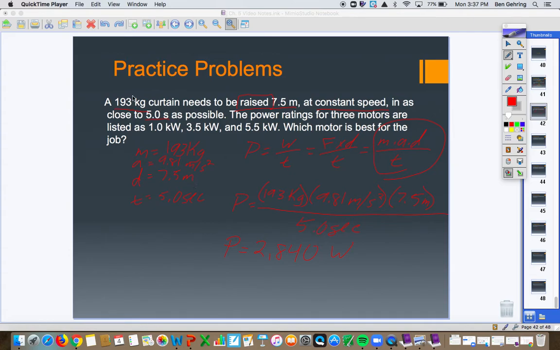I have a 1 kilowatt, a 3.5 kilowatt, and a 5.5 kilowatt motor. This number is closest to my 3.5, so that's the motor that I want to use.